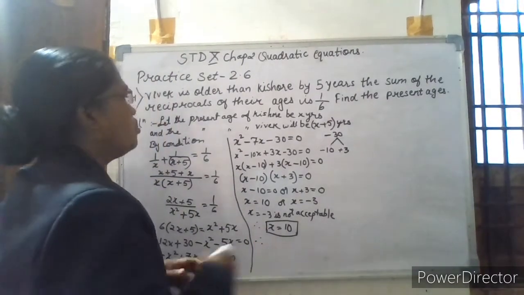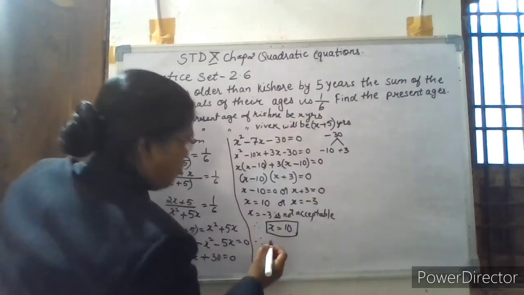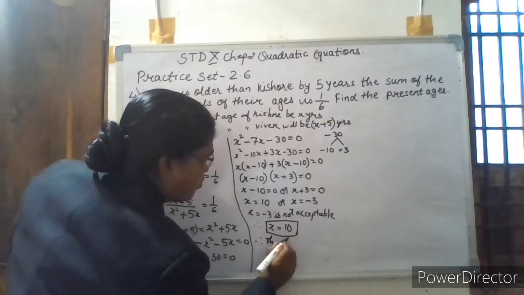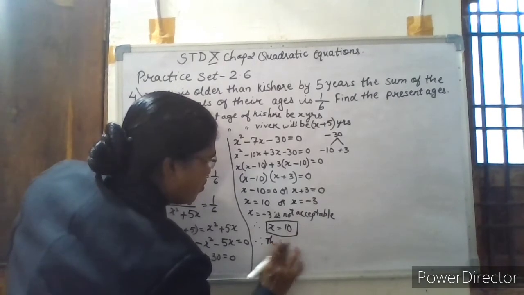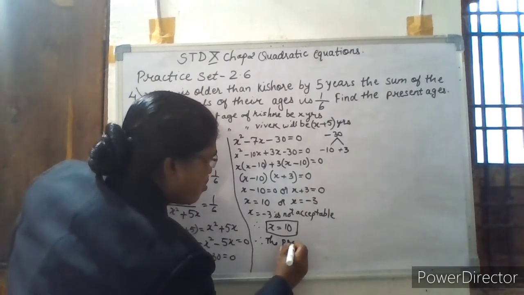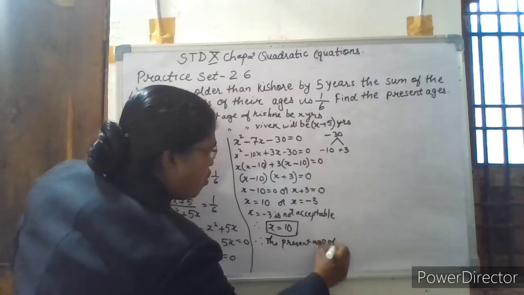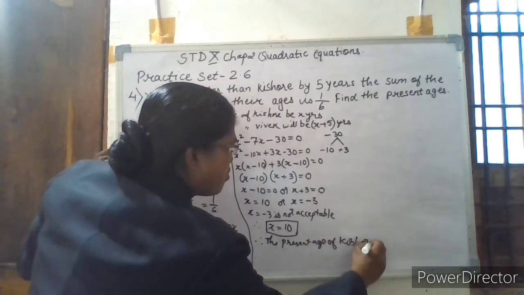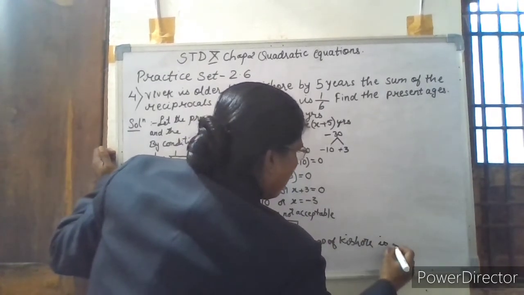So the present age of Kishore is x years. Therefore the present age of Kishore is 10 years.